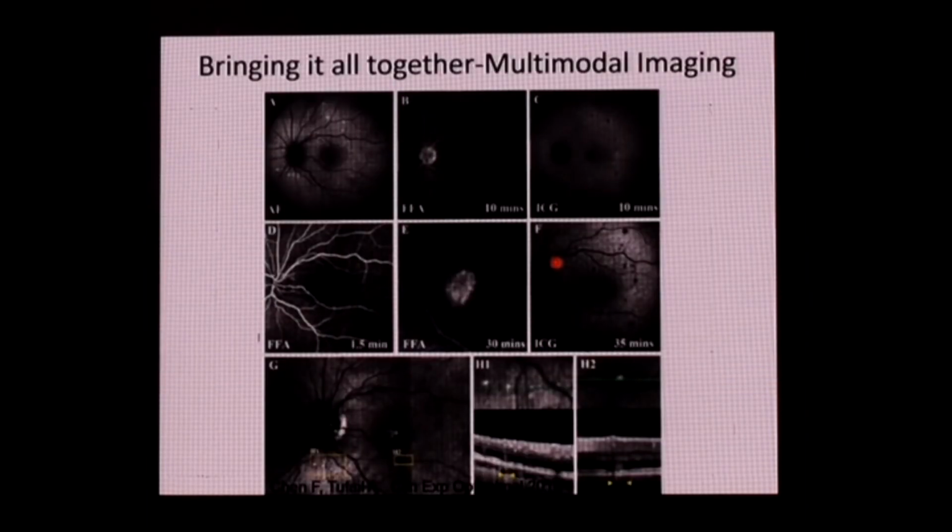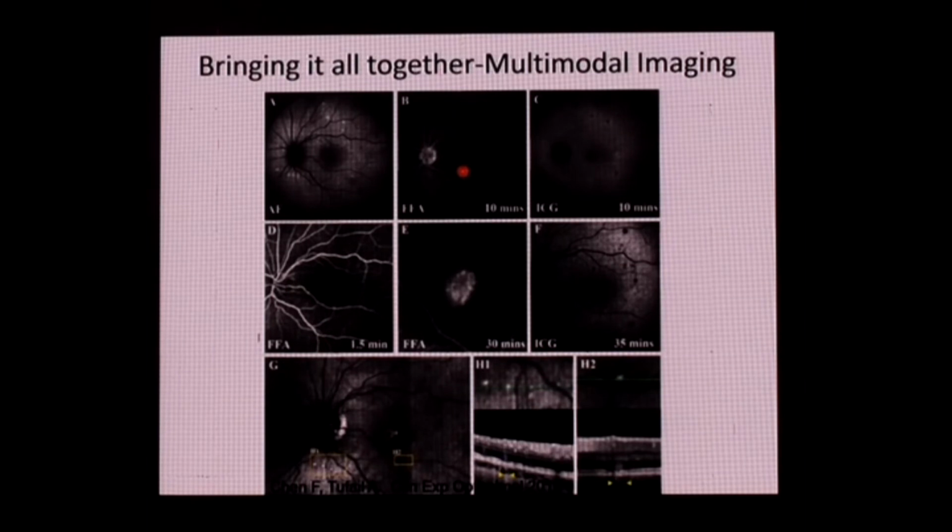And just as a last case before I end, bringing it all together with multimodal imaging. This is a really interesting patient who was a Lohmeyer with an idiopathic CNV. We treated that, and about a month after the initial injection, when the central vision improved, the patient, who was a graphic designer, described multifocal slight scotomas.